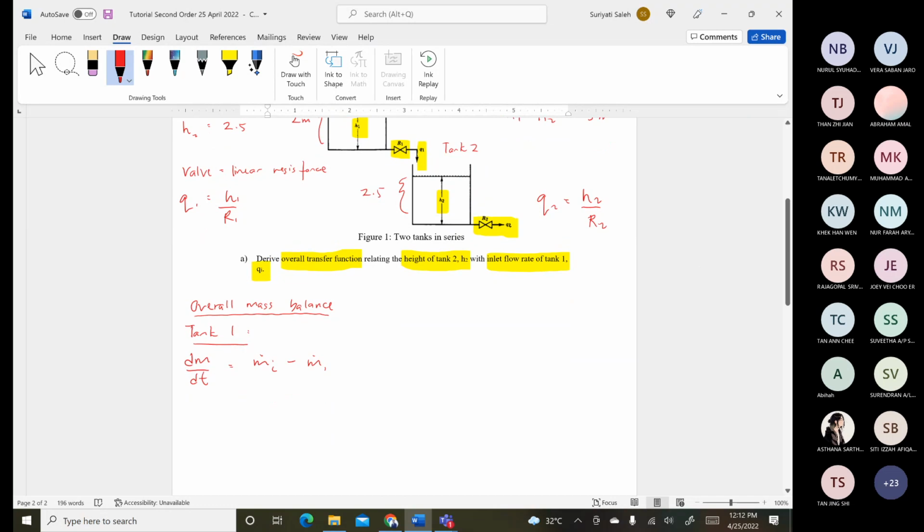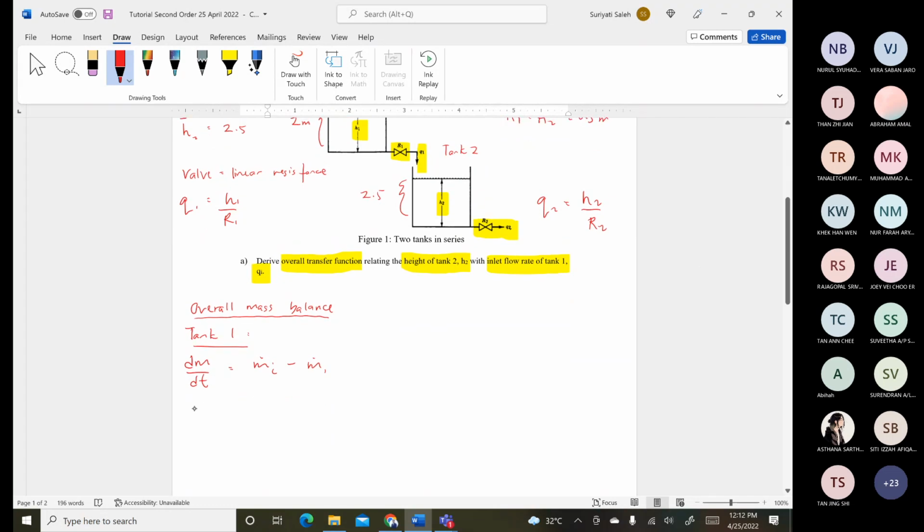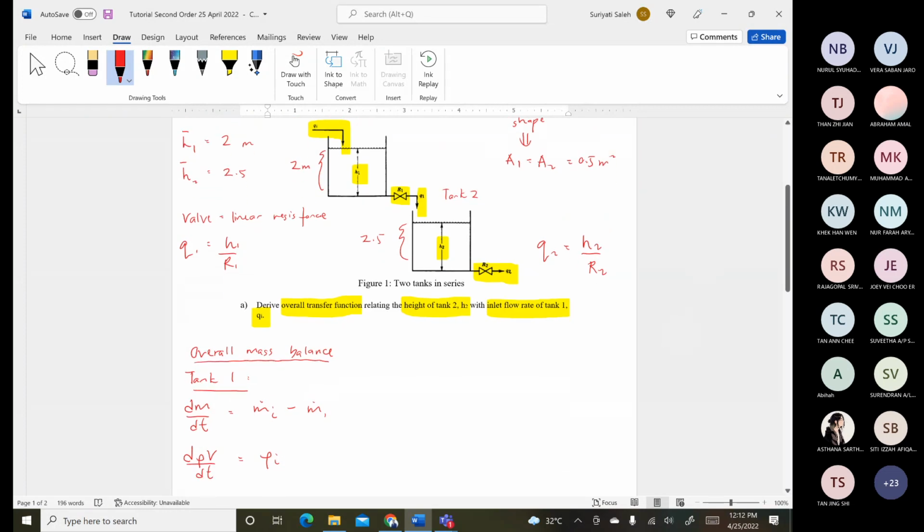In this case, we know that the mass M can be related to the density and the volume. So here we have rho Qi minus rho Q1. Normally, when the question states Q or another variable, we need to use it.